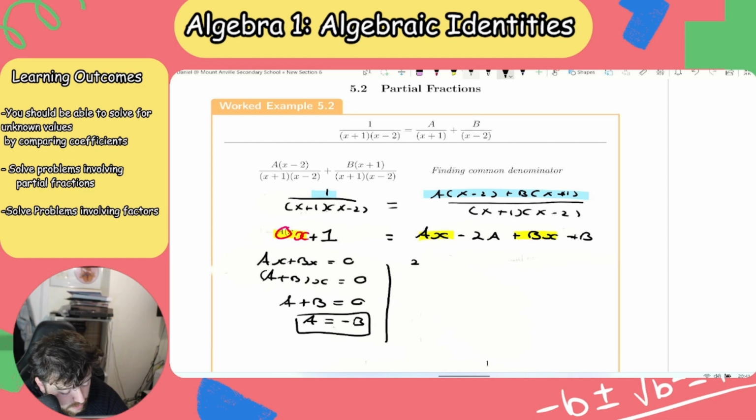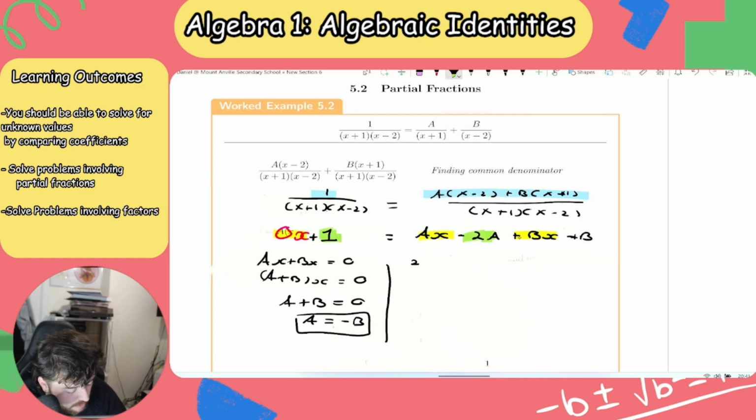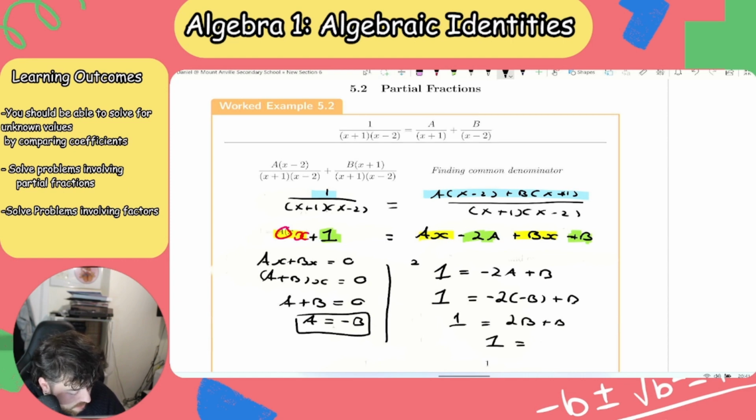Now my second one here, my constants have to equal each other. So I have 1 is equal to minus 2a plus b. I know what a is from my previous example here. So a is equal to minus b. So I have 1 is equal to minus 2 times minus b plus b. 1 is equal to 2b plus b. 1 is equal to 3b. b is equal to 1/3.